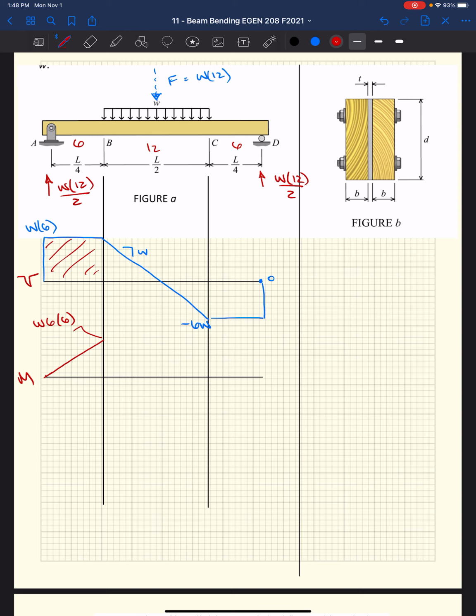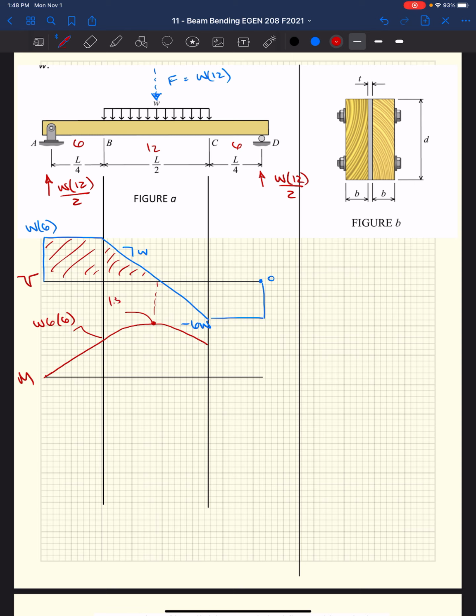Next portion, our additional moment is going to be the area underneath that shear diagram. Because the shear diagram is linear, the moment diagram is going to actually be a quadratic, second order. So it's going to start out steep and it's going to reduce until we get to the center. It's going to be maximum where our shear diagram is 0, and we're no longer going to be adding or subtracting moment.